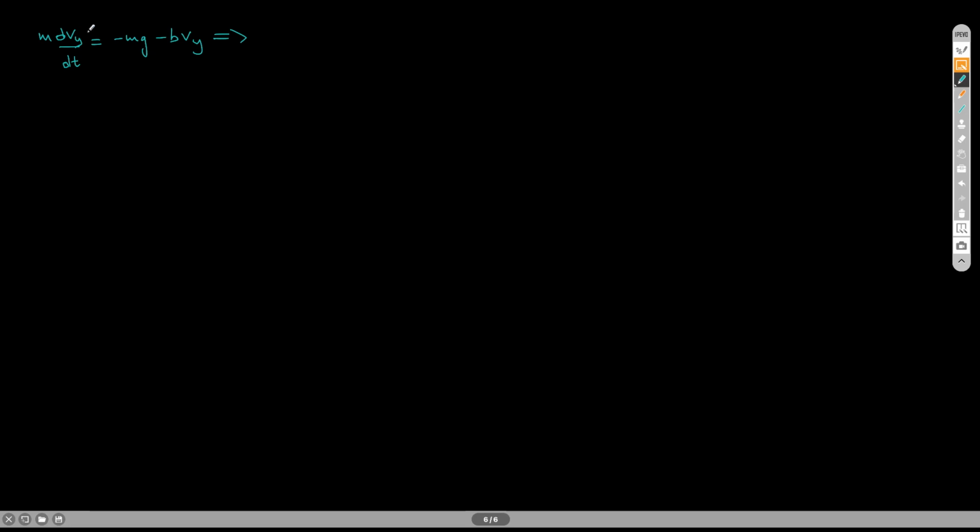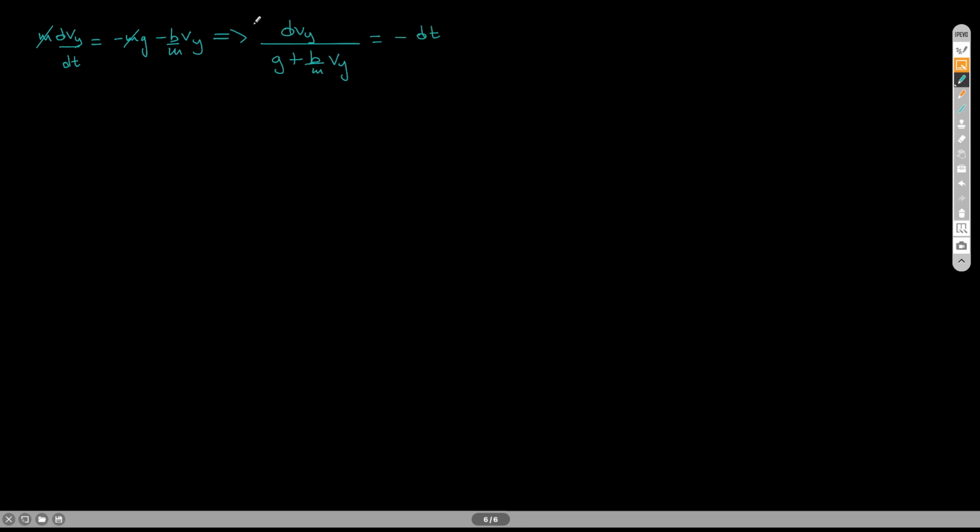The way I'm going to do that, first I'm going to divide everything by m. Then I'm going to have dvy over g plus b over m vy, and I'm going to leave minus dt on the right side.